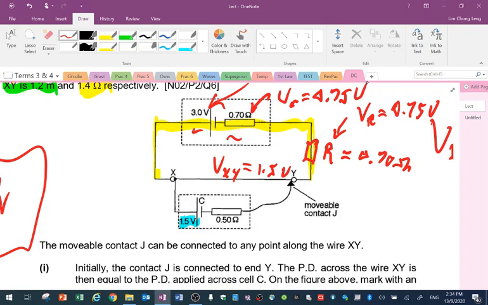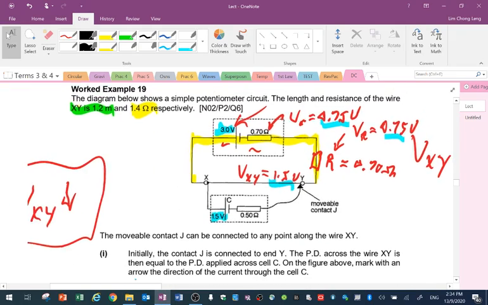So again, you see the potential divider in action. That is, these 3 values will add up to be 3 volt. Okay, 0.75 plus 0.75 plus 1.5 gives you 3 volt. That is how the potential divider works.